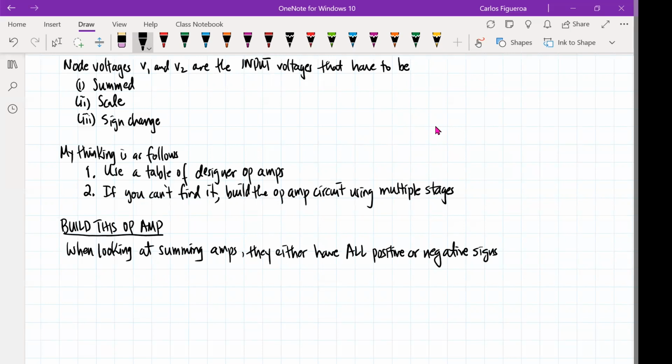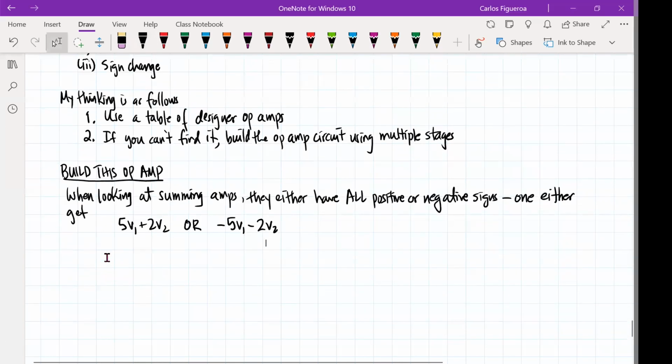So that means if I tried to do this, one either gets 5V1 plus 2V2, or you can have minus 5V1 minus 2V2.